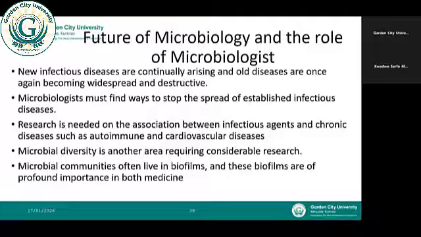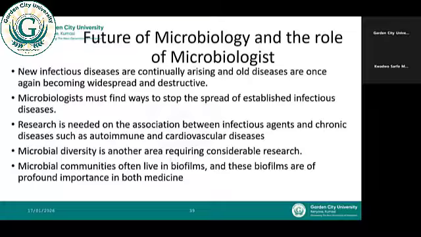So we have reemergence of these diseases, and new ones will keep coming because of the continuous exposure we have with the reservoirs. So we must find ways to stop these by chemotherapy or by other preventive measures that will make us stay safe.